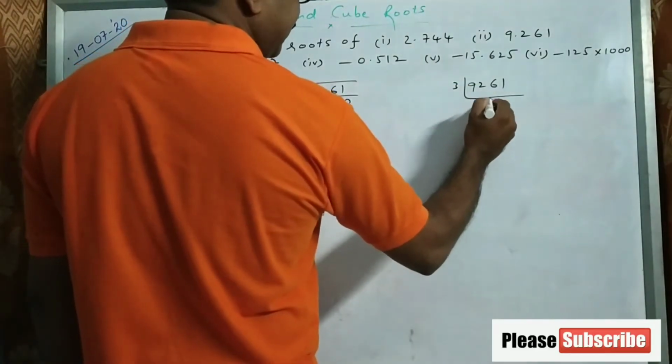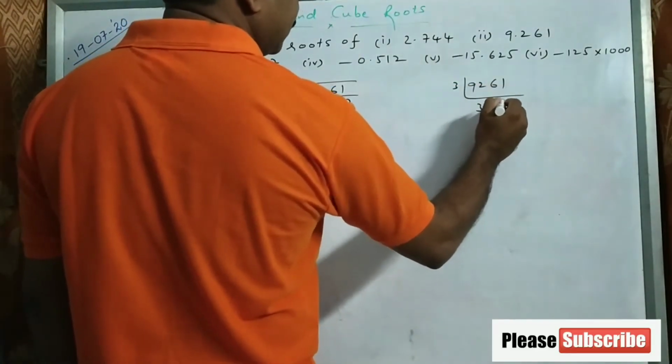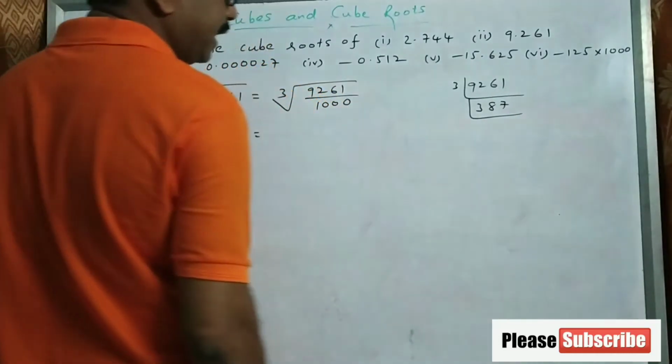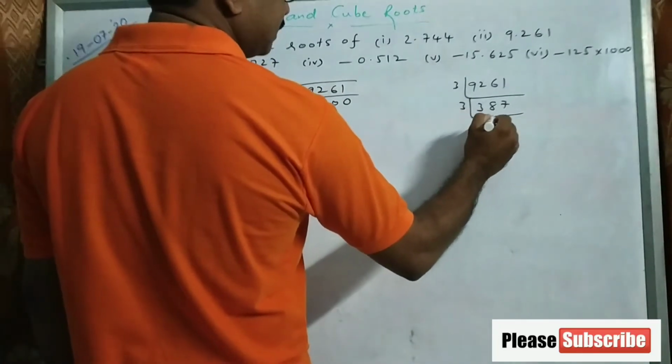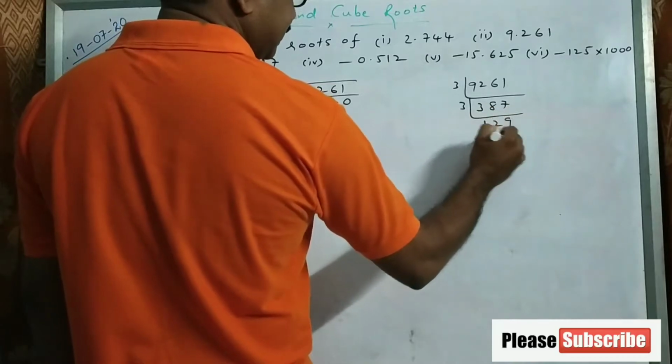3 threes are 9, 3 eights are 24, 3 sevens are 21. Again 3 will go, 3 ones are 3, 3 twos are 6, 3 nines are 27.